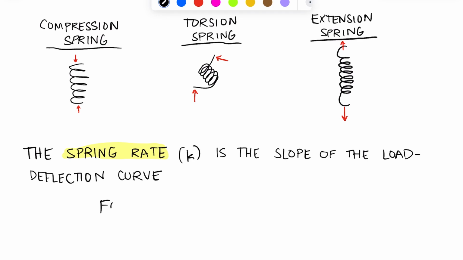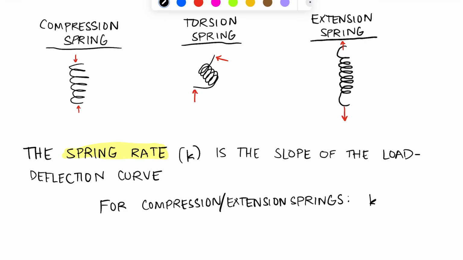So Hooke's law for compression or extension springs can look like this: k equals F divided by y, where k is our spring constant, F is the force being applied to the spring, and y is the deflection.